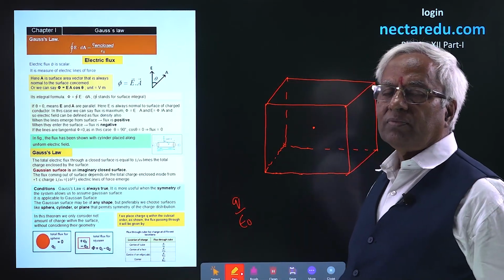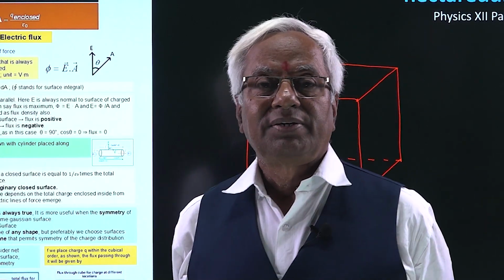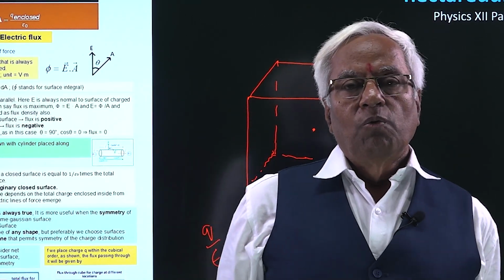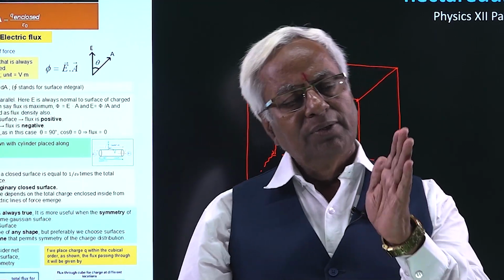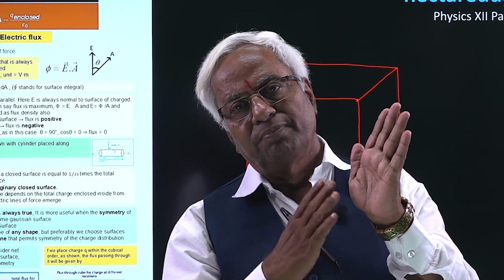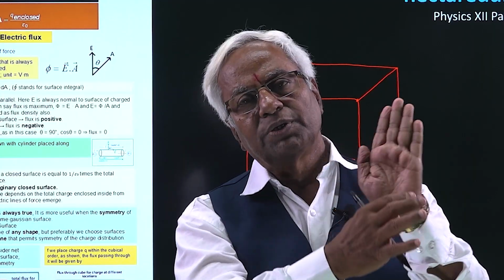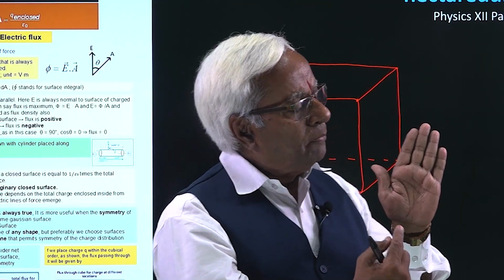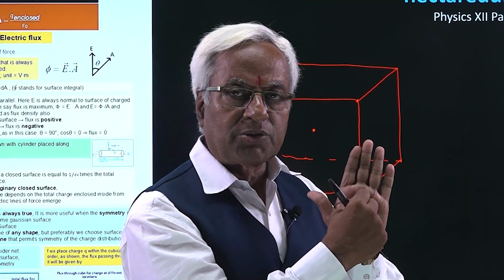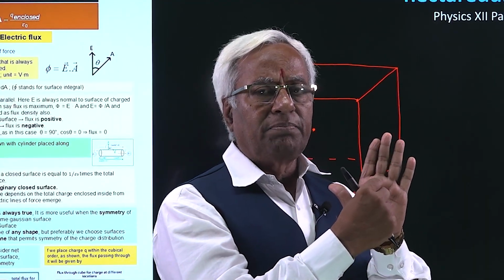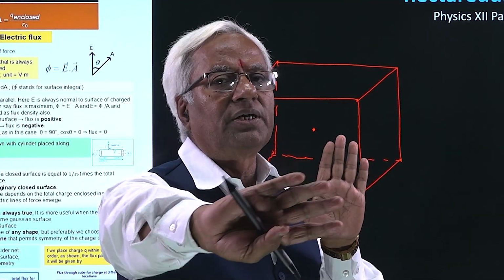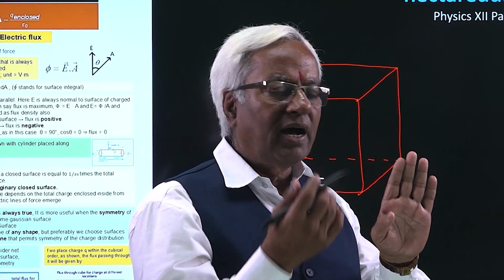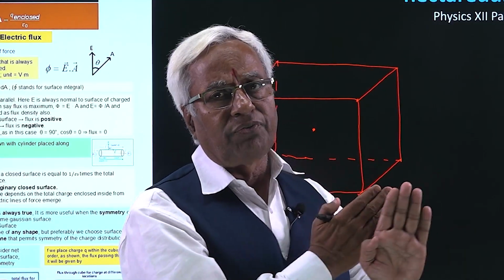Now, this is very interesting. If you consider one charge q at one face of the cube, suppose this is the face of the cube, this is obviously going to be square type. If you put the charge at the midpoint of one face, half of the flux is going one side and half of the flux will enter through the face.